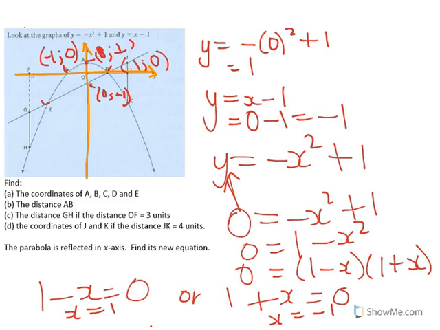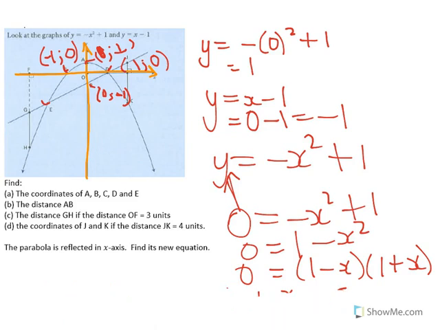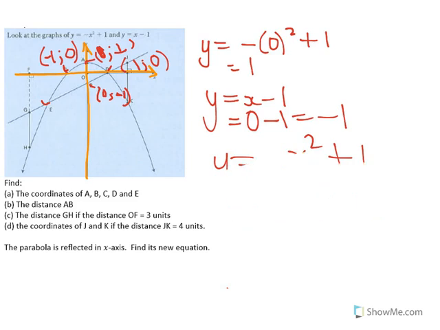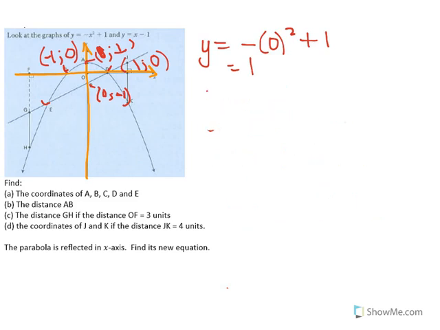Now, E is an interesting point. E is the point of intersection between these two graphs, the parabola and the straight line. And perhaps you will have encountered intersections last year when you studied straight line graphs. But essentially, a point of intersection is a place where for the same input your functions are producing the same output.